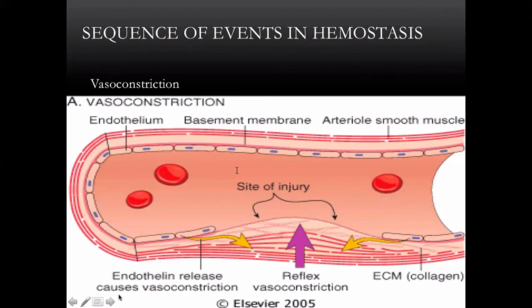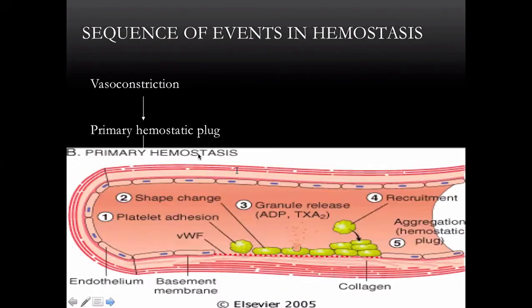Then after that, it will form a primary hemostatic plug by platelet adhesion. Pupunta ang mga platelets, dadami ang platelets dyan. Pero kailangan maganda ang von Willebrand factor mo kasi didikit sila dyan.